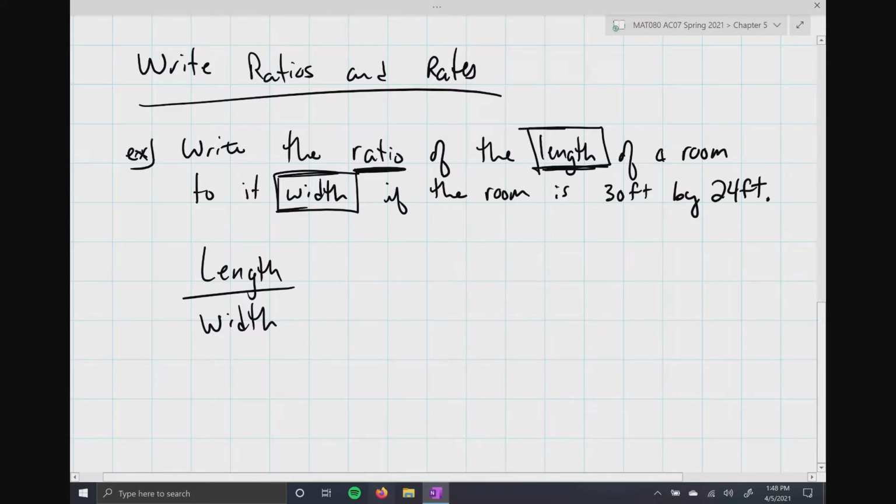Now, by doing this, I know the length is going to be 30 feet. The width is going to be 24 feet. And just like all fractions, I want to simplify.